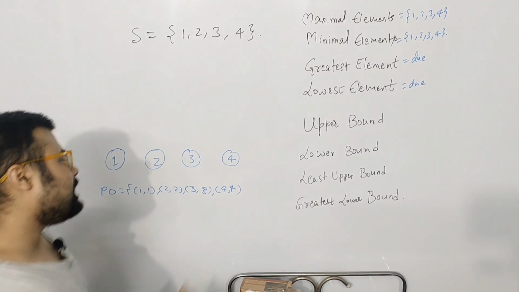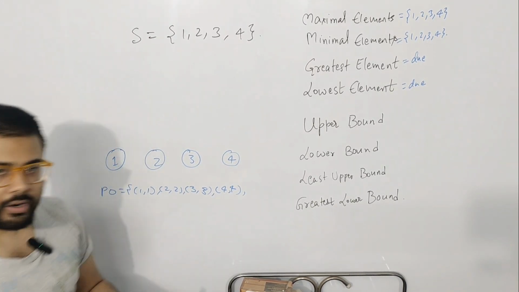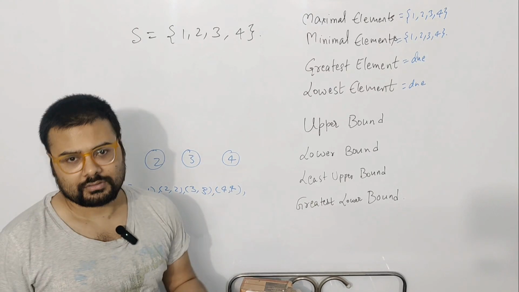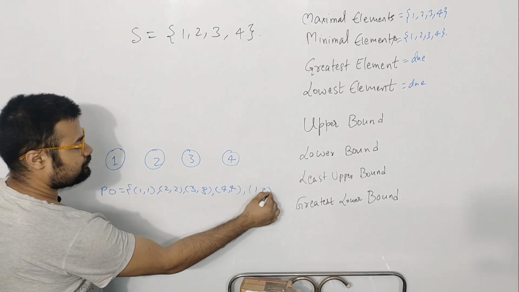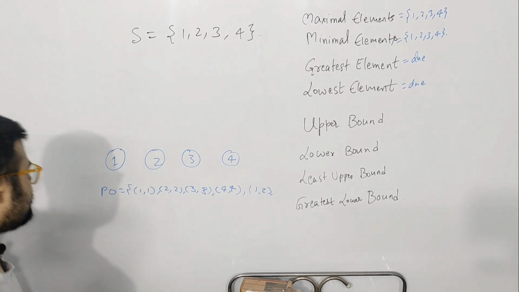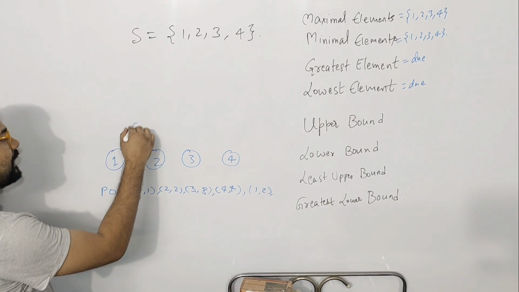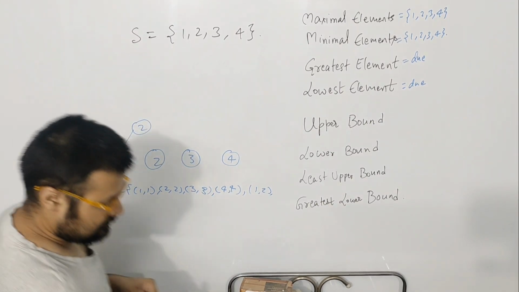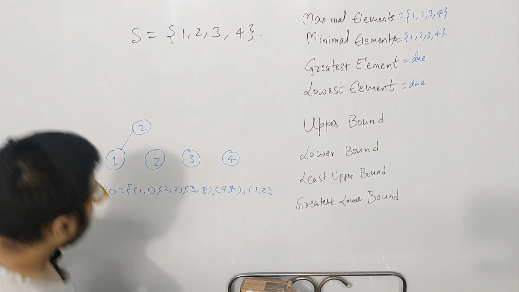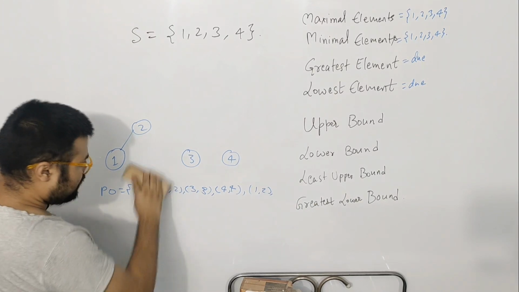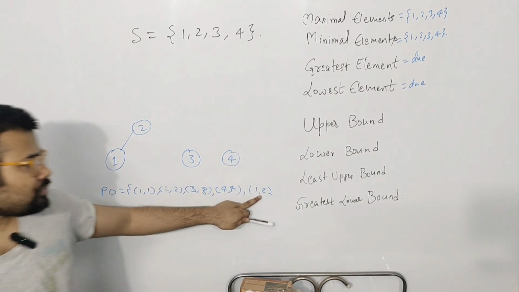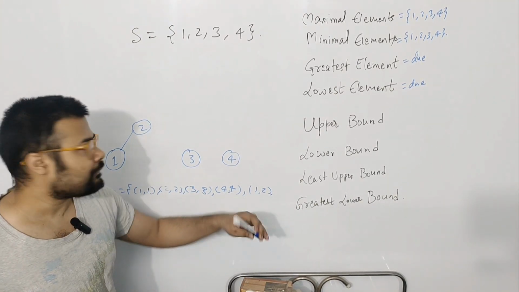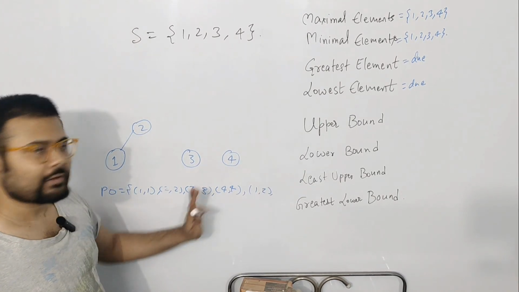Now let's say I start adding ordered pairs that have different elements, let's say 1 and 2. So of course, from 1 you have 2. Now the moment you add this, do you need to add any other ordered pair to conform to antisymmetry or transitivity? So far not.